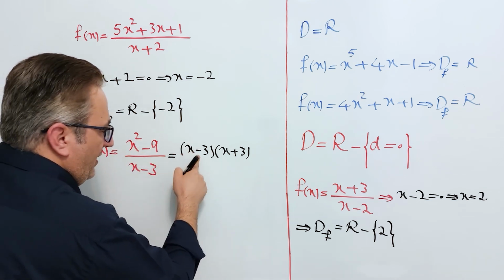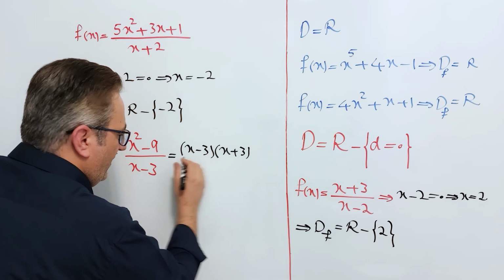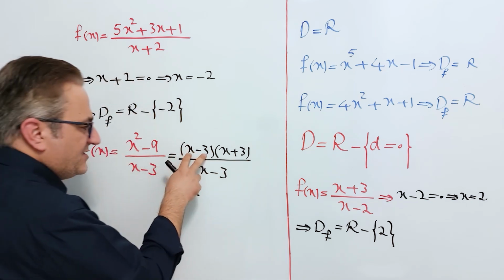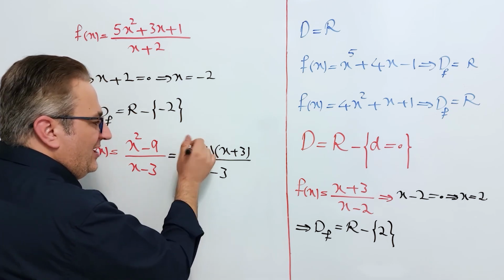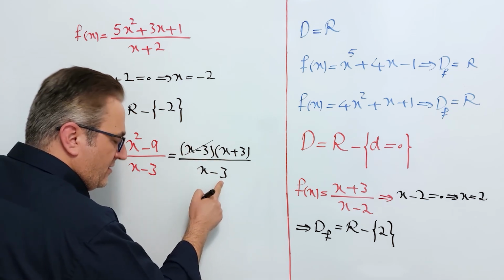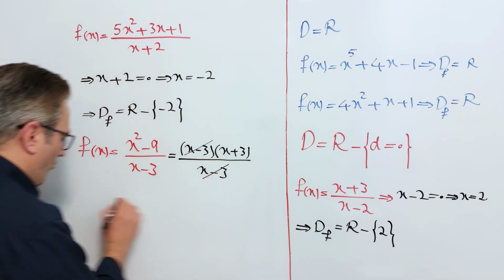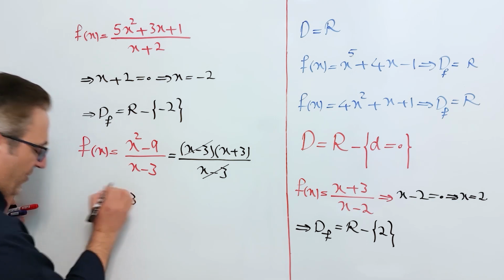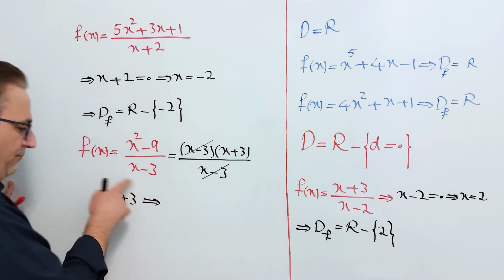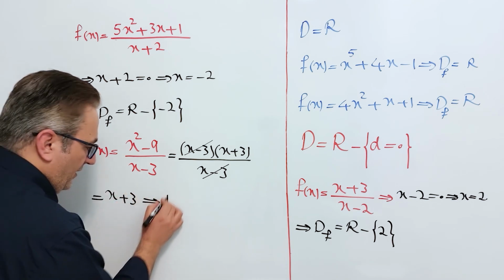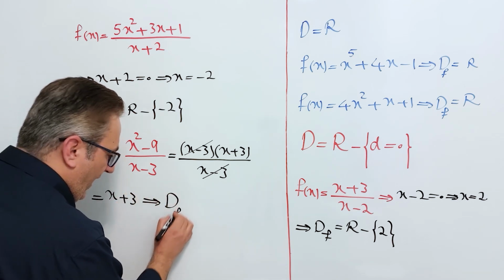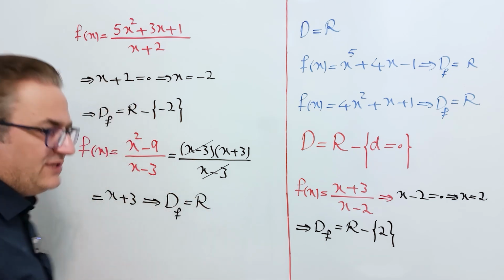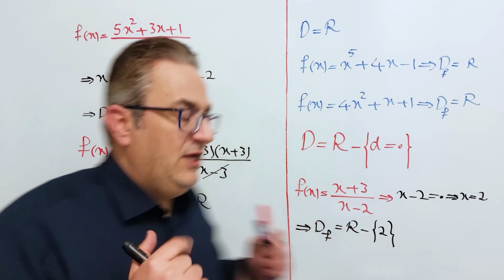So we have x minus 3 times x plus 3 divided by x minus 3. So x minus 3 in the numerator cancels x minus 3 in the denominator. So we have f of x is equal to x plus 3. So this is a polynomial function, so the domain of f is equal to R. That's not correct, because you should not simplify this fraction.